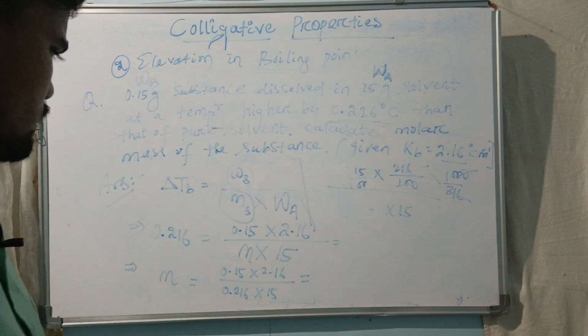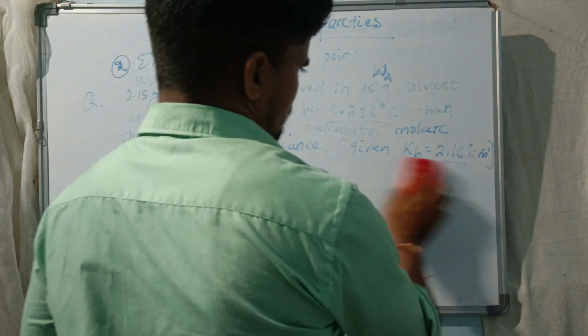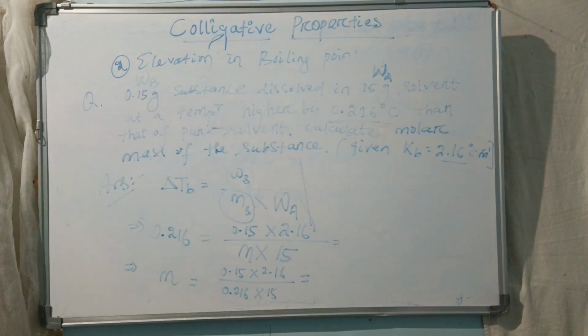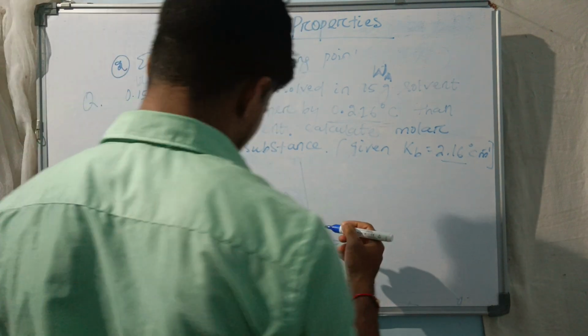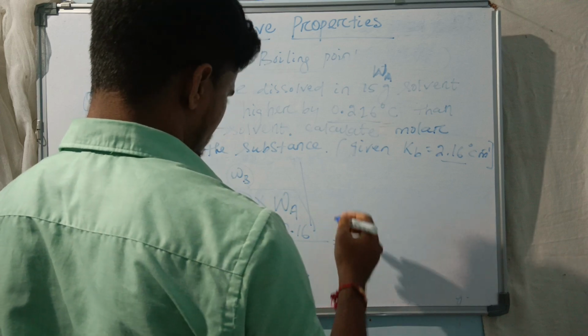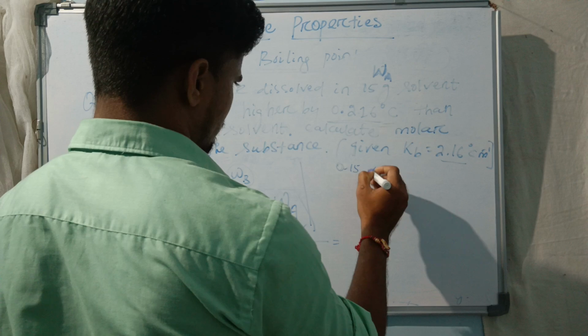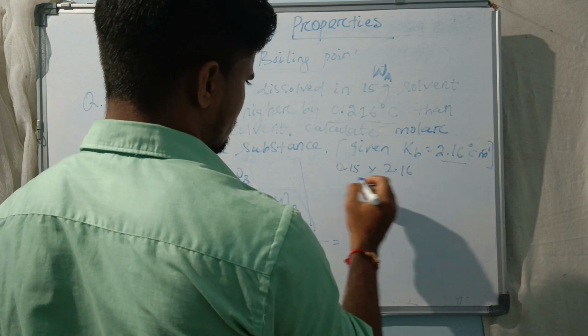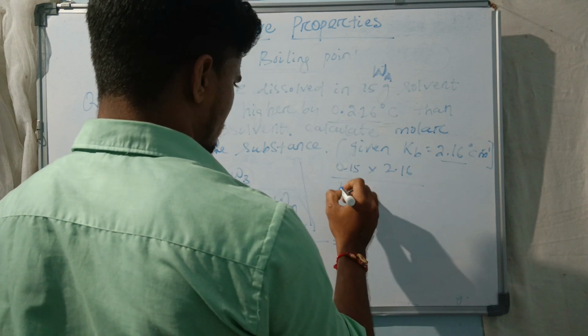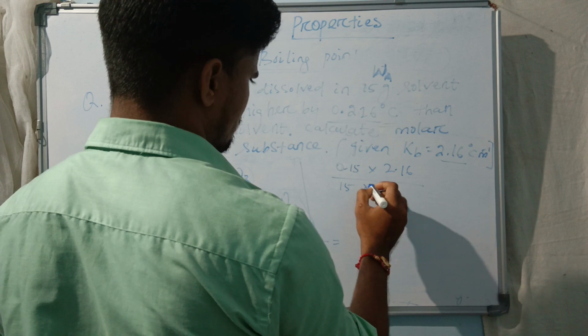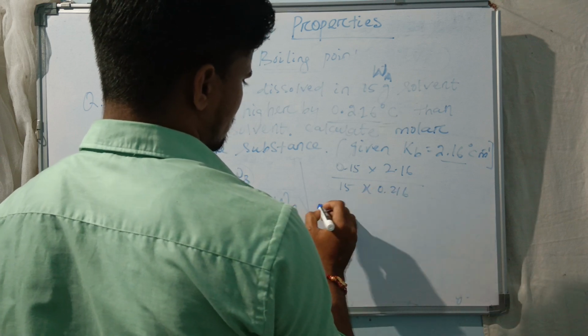0.15 gram, okay. It comes out as 0.15 into 2.16 divided by 15 into 0.216.